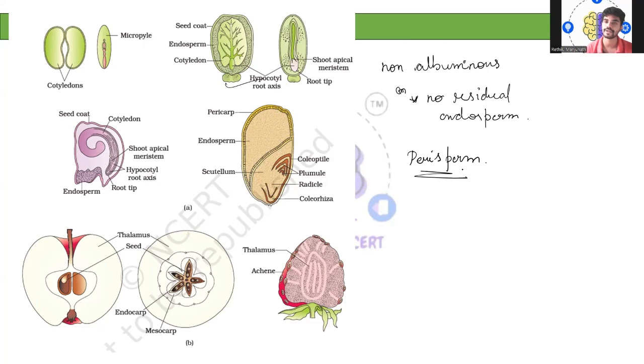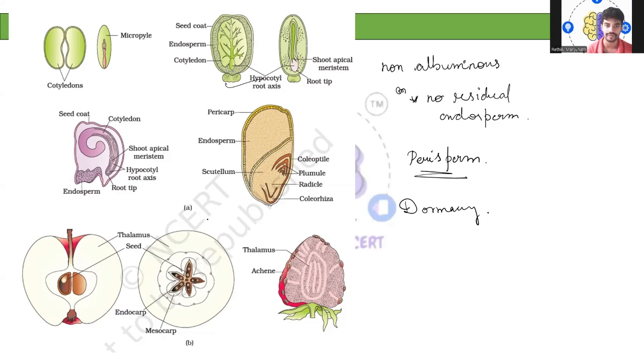Then during unfavorable conditions, some of the seeds get into a stage called the dormancy stage. So what is dormancy? The embryo may enter into a state of inactivity, which is called dormancy. And during favorable conditions, they will germinate. Okay, this is one thing.